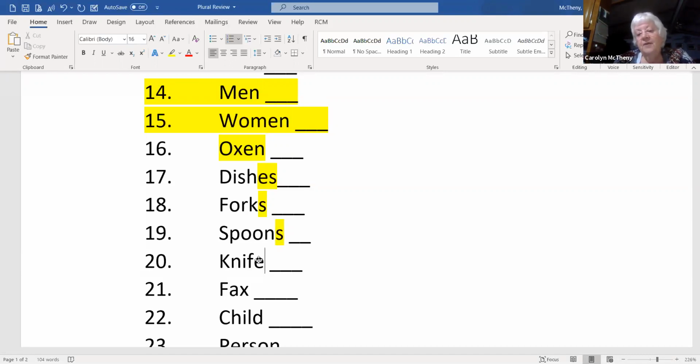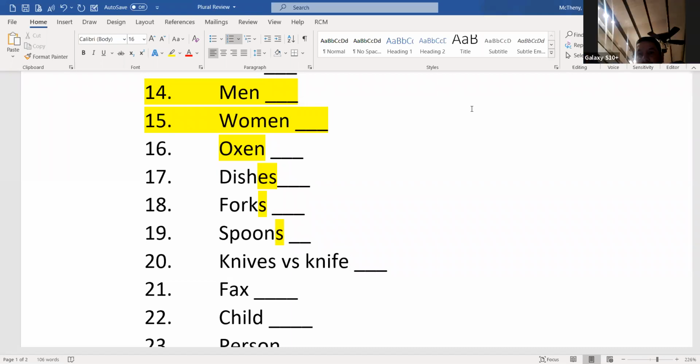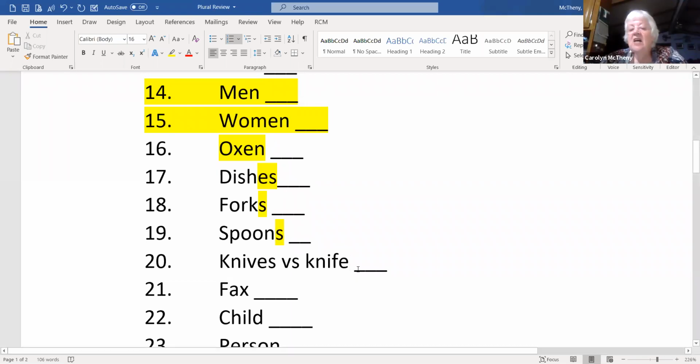Change the F to V. V-E-S. So it's one knife, but it's two knives. Remember when Miss Shelby was telling us we have a sound that you don't have in Spanish? You put your teeth on your bottom lip and you say it. Knives.